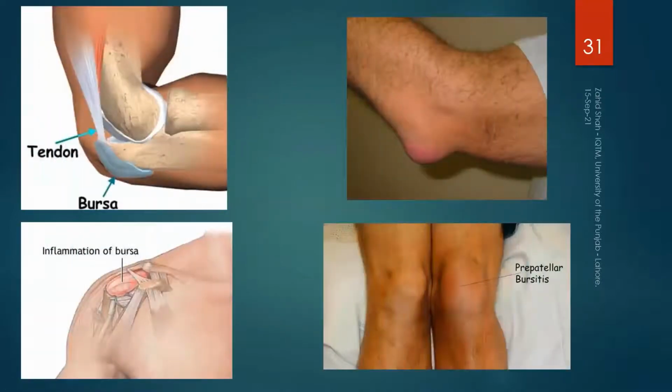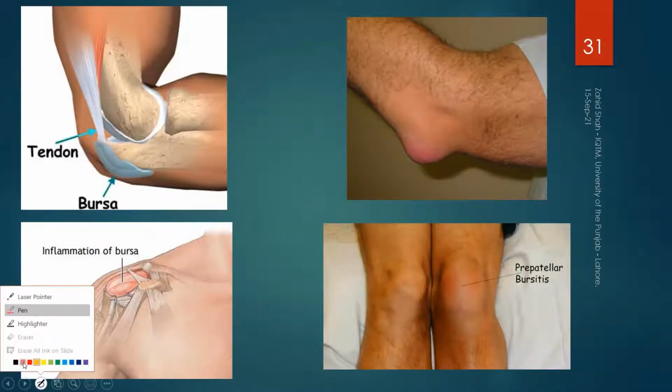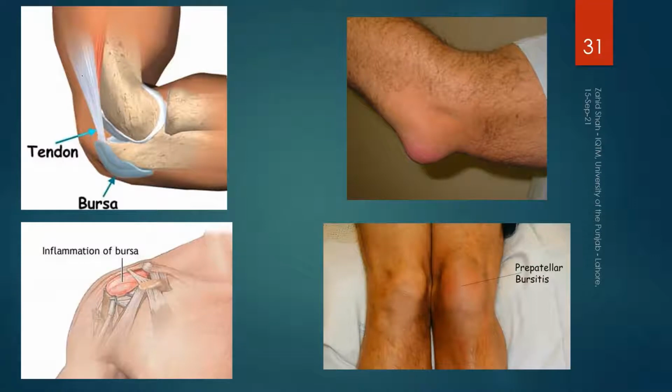So here you could see the bursa that is at the elbow joint. So this is the tendon of the muscle that seems to be the triceps muscle. And this is where this tendon is attaching to the elbow joint. And this is the bone where it is attaching to the elbow joint.